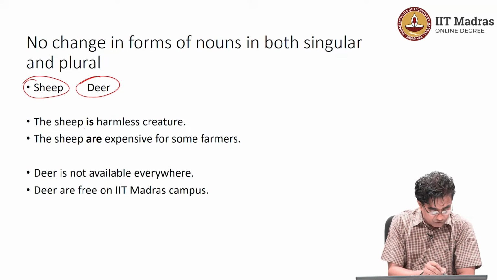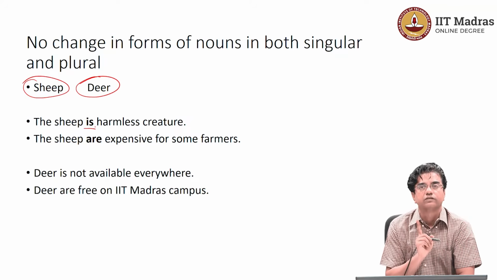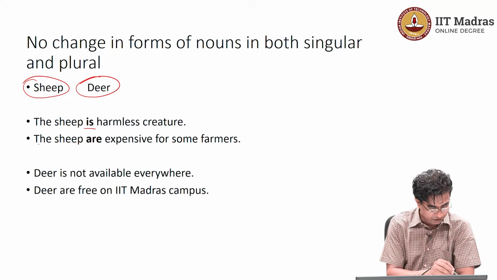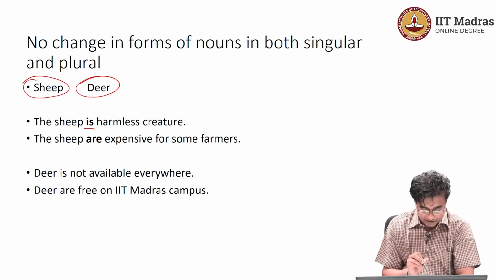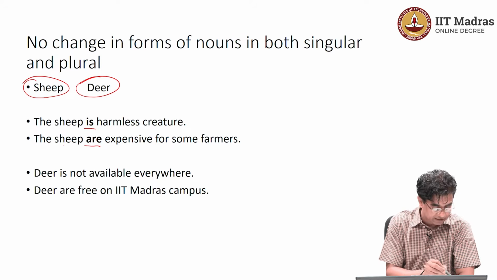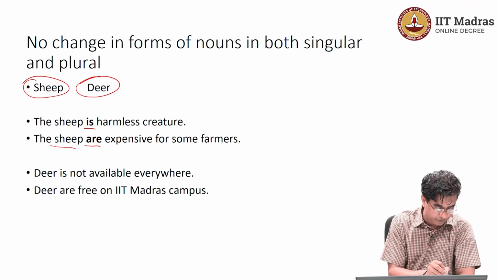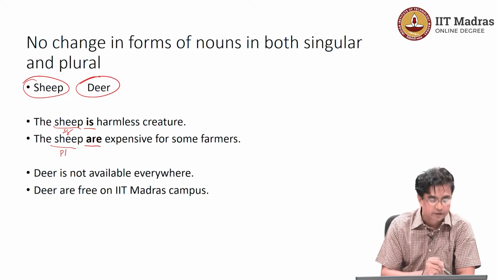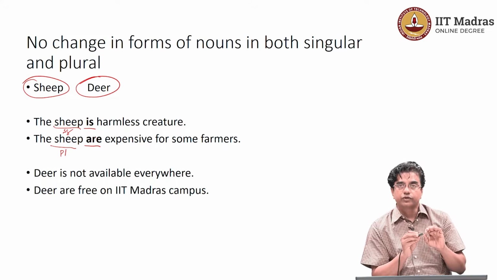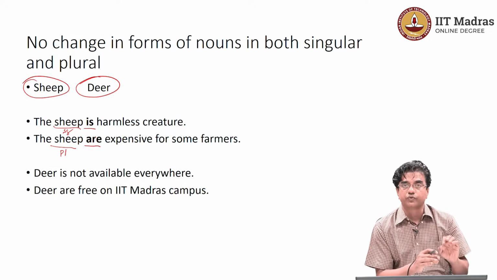So, in this case we know we are talking about one sheep. The sheep are expensive for some farmers. So, when we use plural marking, then we know that we are talking about sheep as plural, many sheep. So, these nouns do not change form.